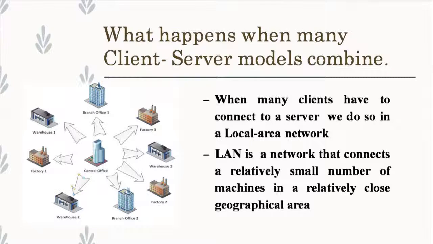This small geographical area, a network which connects a relatively small number of machines in a relatively small area, is known as a local area network. Locally connected computers. When local area networks combine together through devices called gateways, they make a wide area network.